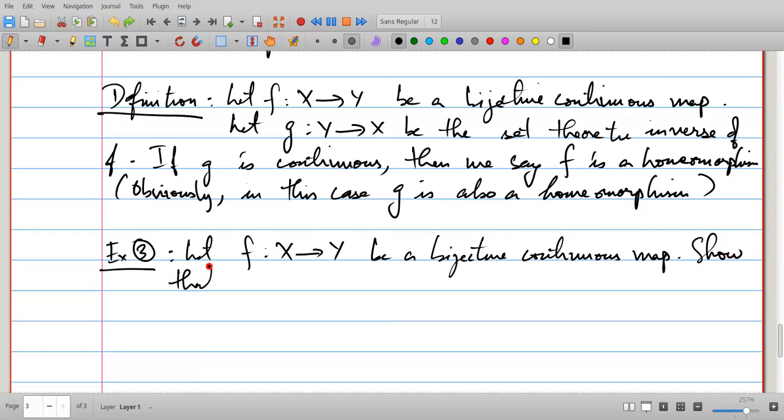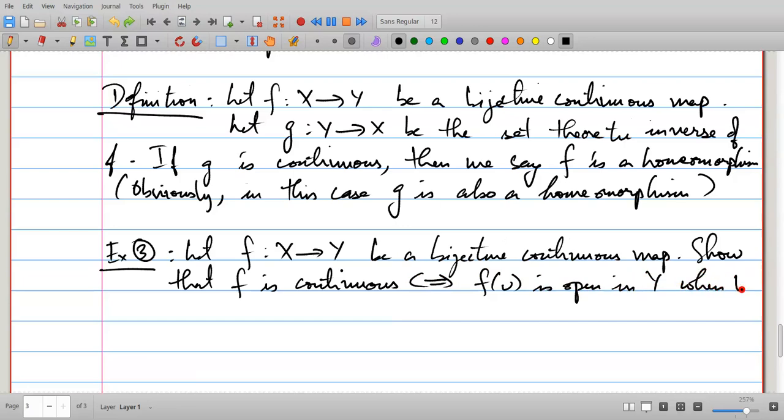Show that f is a homeomorphism if and only if f of U is open in Y when U is open in X.